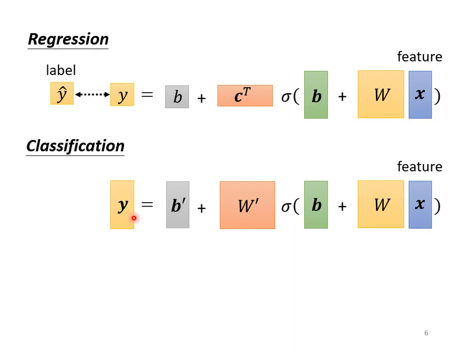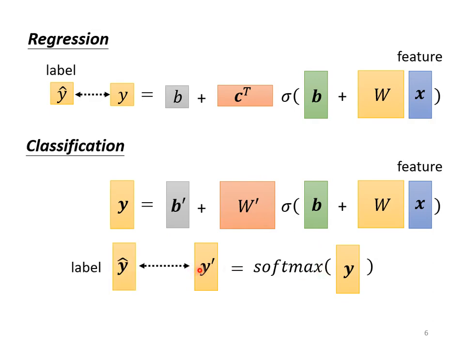Note that our current y is not a number, but a vector. So, when doing classification, we will often pass y to a function called Softmax first to get y prime. Then we calculate the distance between y prime and y hat. In other words, we have to make y prime and y hat as close as possible.